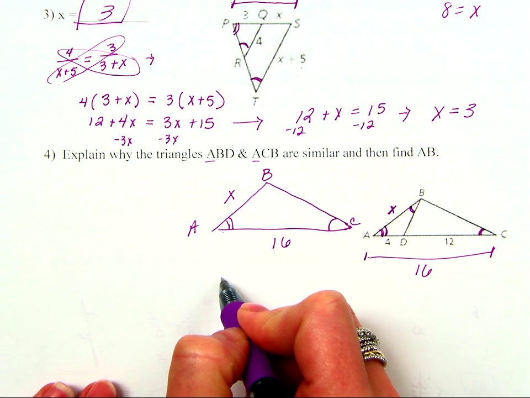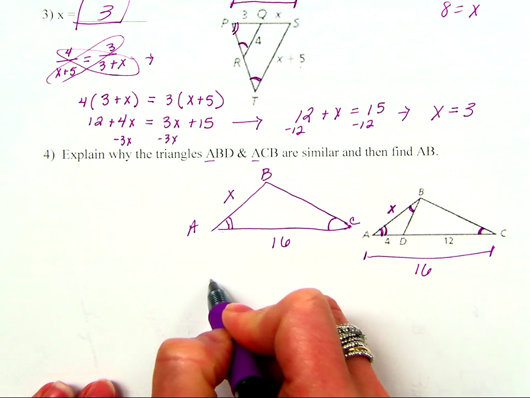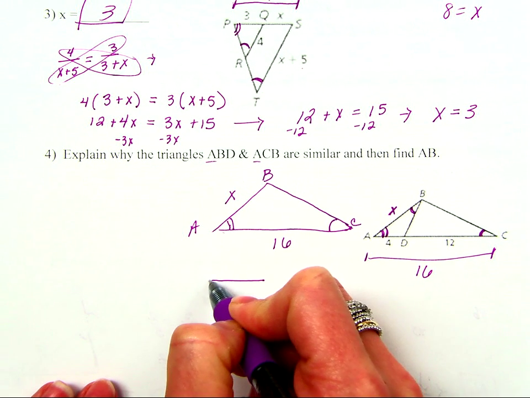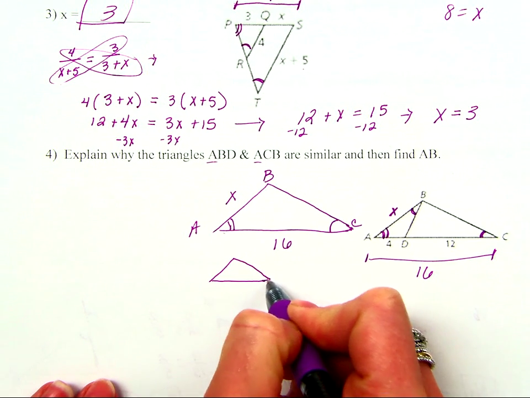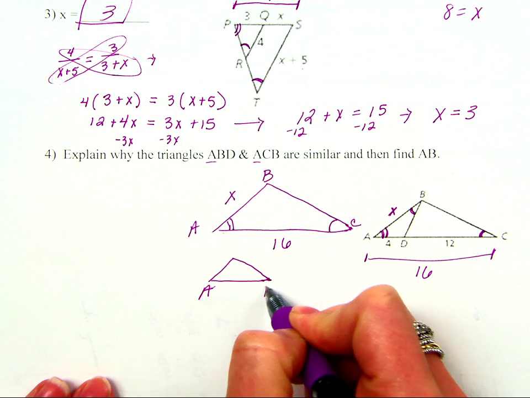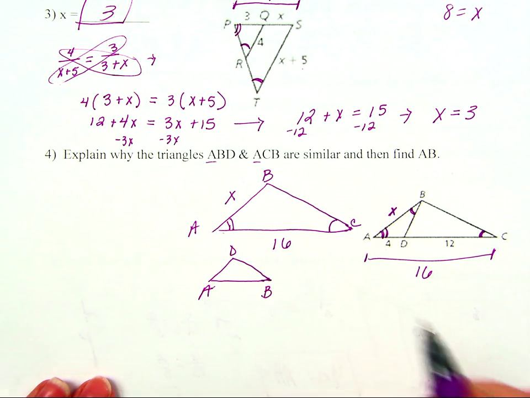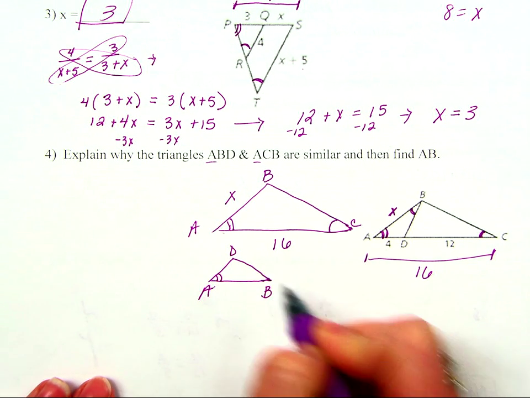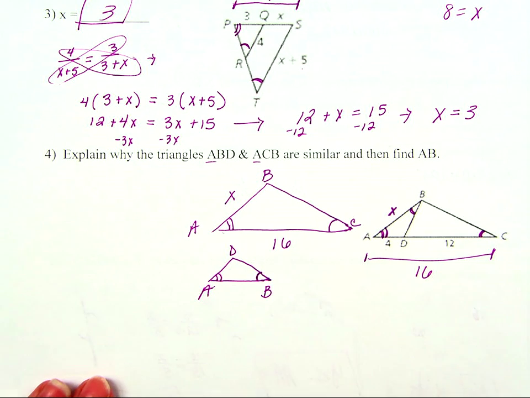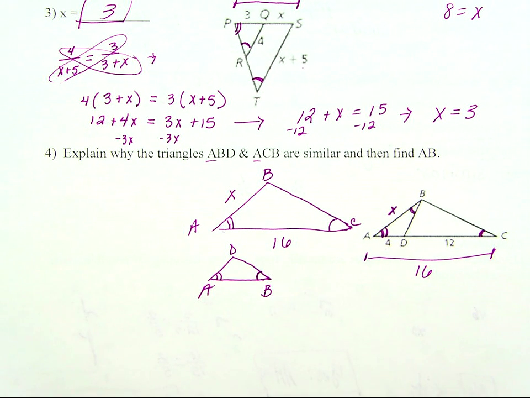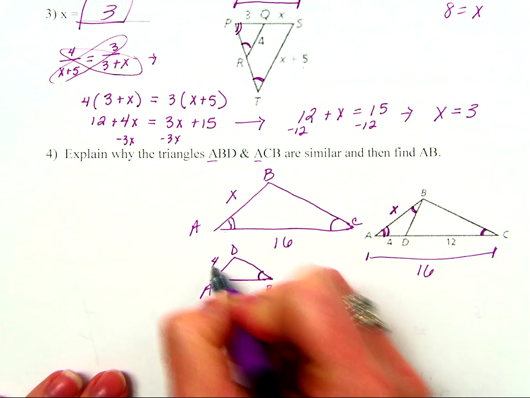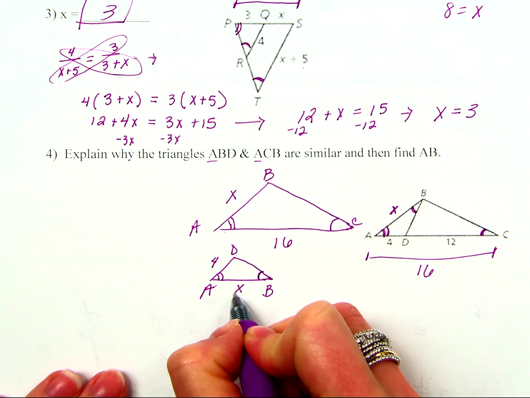And so my longest side of my small triangle is actually AB. And D would be at the top. Angle A and this angle B are marked congruent. AD has a length of 4. AB is what we are looking for.